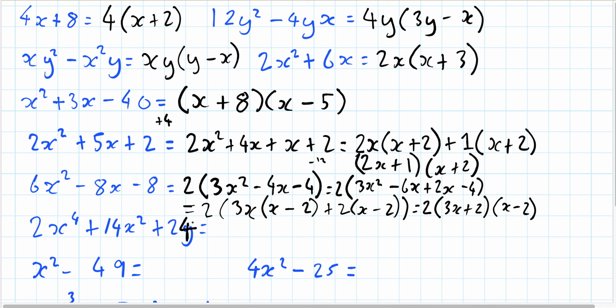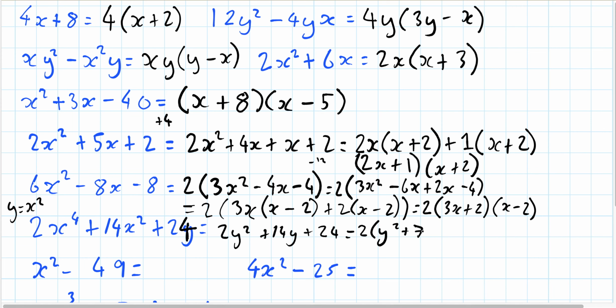For this one I'm going to make y equal x squared. Therefore it's written as 2y squared plus 14y plus 24, and then we just do the same factorization method. I could divide it all by 2, so I get y squared plus 7y plus 12.